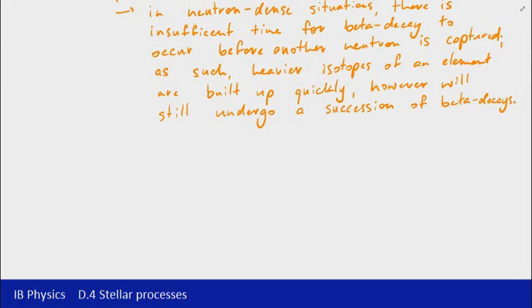So by looking at the proportion of different elements, we can identify whether the R process or the S process has occurred. Having said that, the R process will occur in neutron-dense situations, whereas the S process is where the neutron density is a little bit lower, so there's obviously going to be a difference in the types of stars where we'll see the S process or the R process occur.